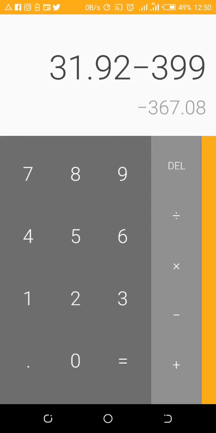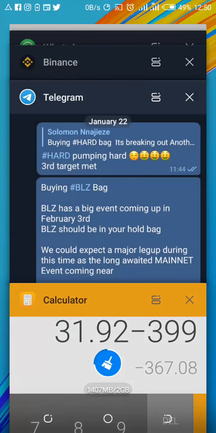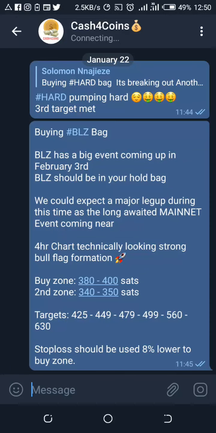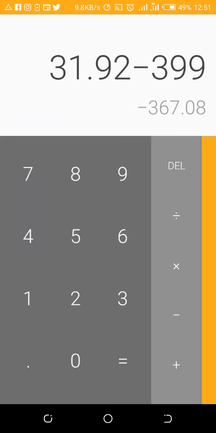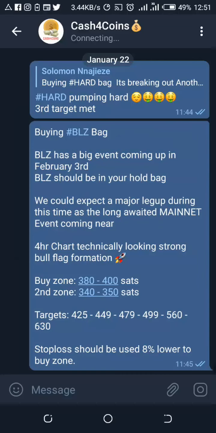367 Satoshi, and that is what we are going to use as a stop loss, because the trade has not actually made any profit. Now, if the price has passed 425 Satoshi, which is the first target, instead of using this as a stop loss, we come and use 425 Satoshi as a stop loss. Therefore, we have made a little profit, and then try to protect it.